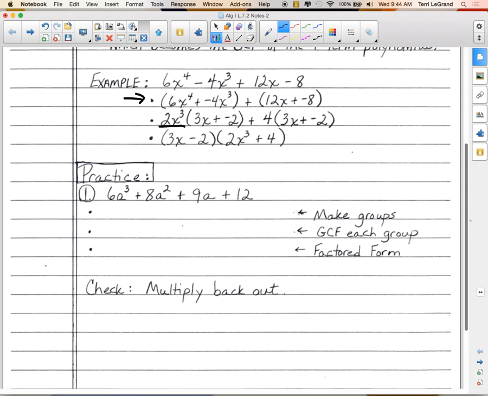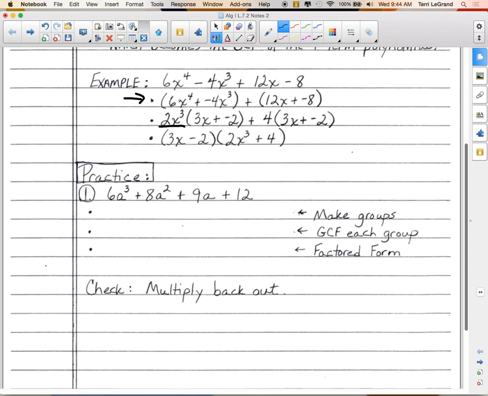So the part you're going to get out of today is how much work do you have to show getting that GCF? Did you have enough practice yesterday that you will be able to now look at 6x to the 4th and negative 4x cubed and say the largest constant factor I can divide out of both of them is 2.